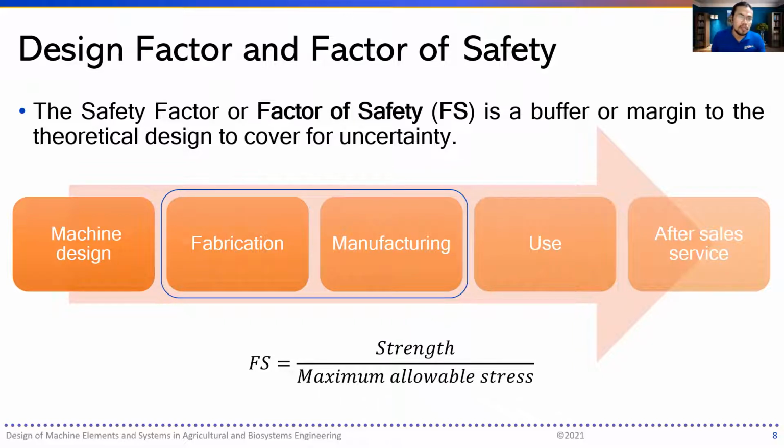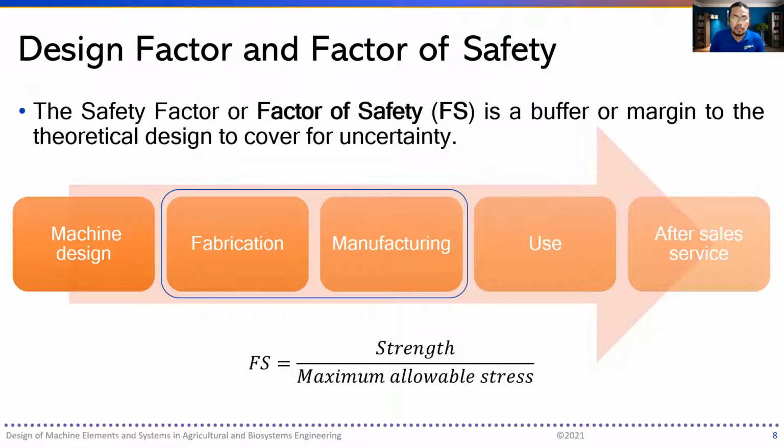There could be problems in the fabrication and manufacturing of certain pieces of the machine. There could also be certain unknowns, like in the material properties. So it's part of the machine design. And eventually, there's the wear and tear of materials, so there's use.